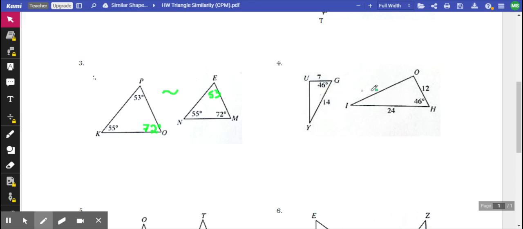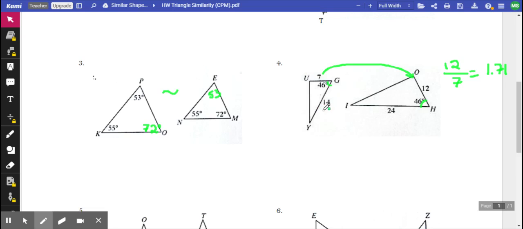In number 4, we have a 46-degree angle right here, so that matches up on both triangles. And we want to see if our sides are proportional. So from 7 to 12, we want to figure out our scale factor. So we do 12 over 7, and 12 over 7 comes out to about 1.71.